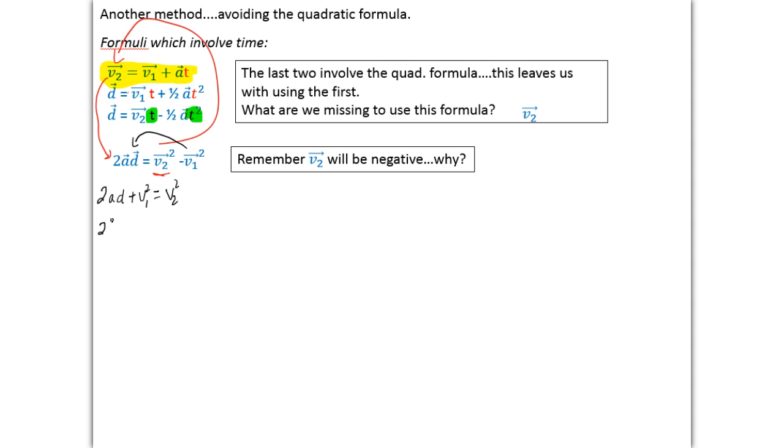The acceleration, since the ball is going up, is negative 9.8. Displacement is 8 meters. Plus 30, and that's meters per second up. And V2 squared.